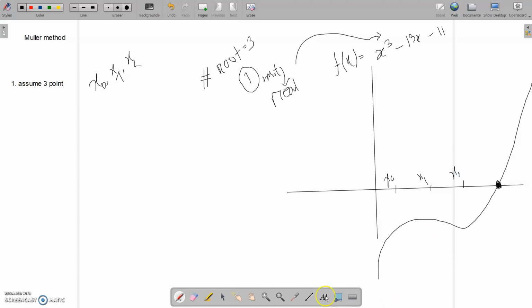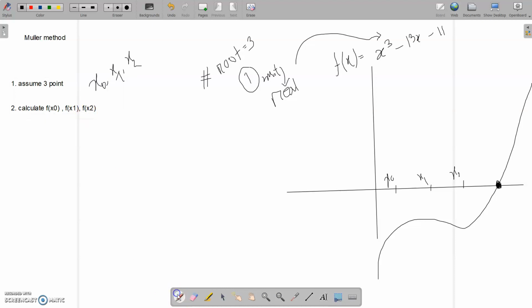Then in the second step, I want to calculate f of x0, then f of x1, then f of x2.